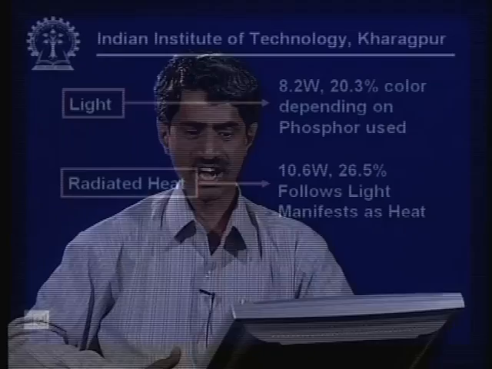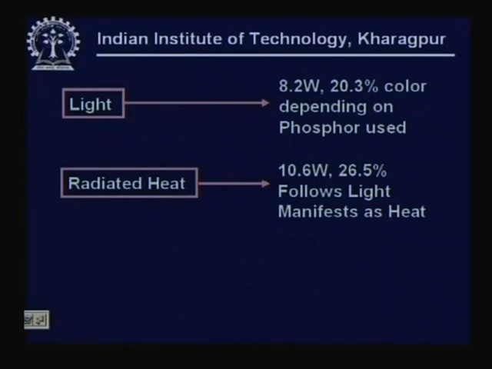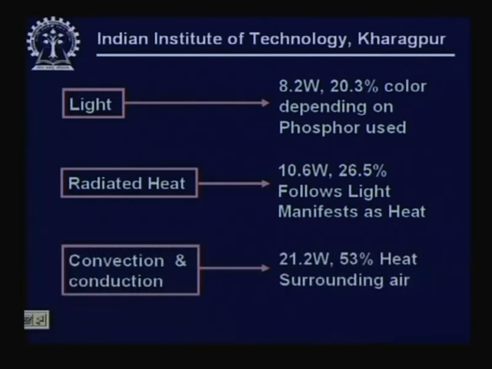The radiated heat is around 10 watts which goes along with the light. So, if one looks at the heat on the task table, this is the kind of thing which one could expect along with the light. This together accounts for almost 50%.